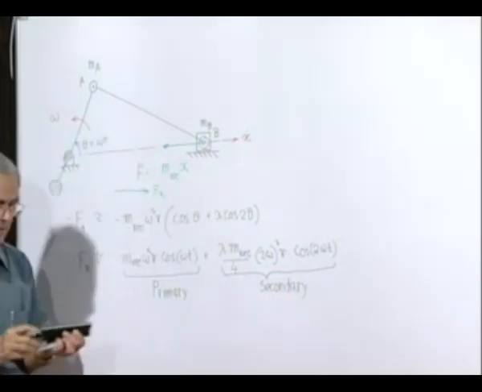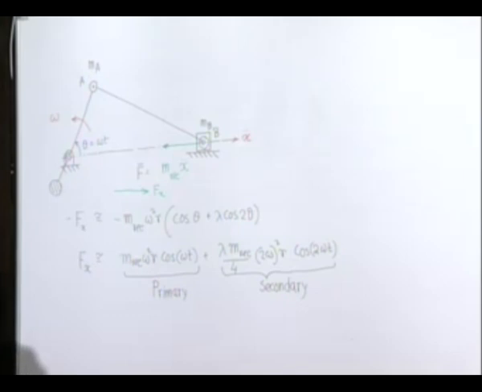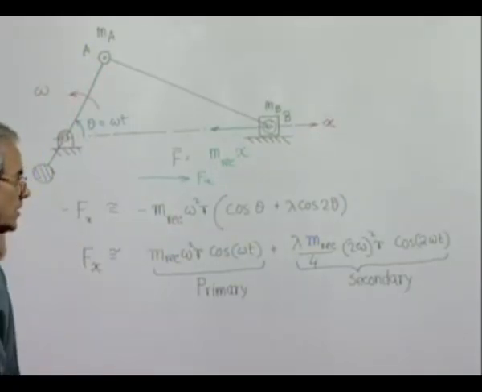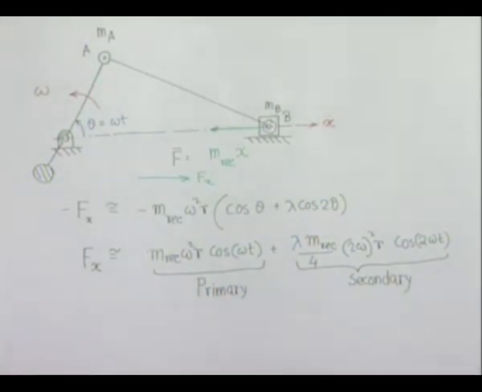So, in most cases, as mentioned earlier, it will be enough for us to consider up to secondary, unless we go to situations where much higher accuracy is required, like an aero engine, where we must have far more accuracy than a normal auto engine or other machines like stamping machines, punching machines or compressors.